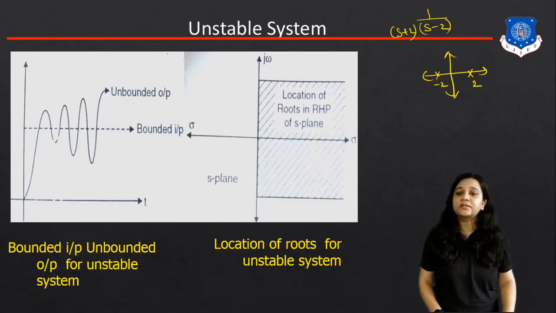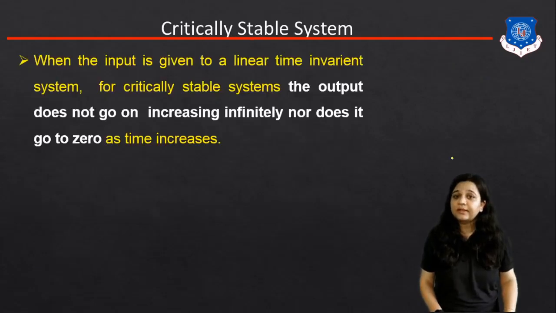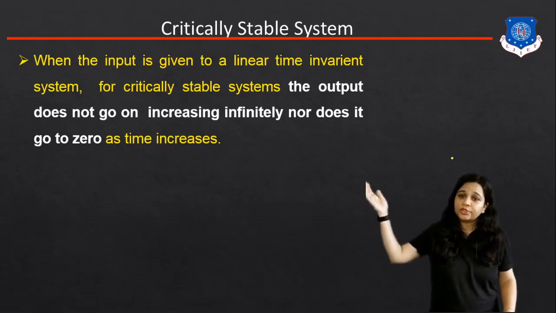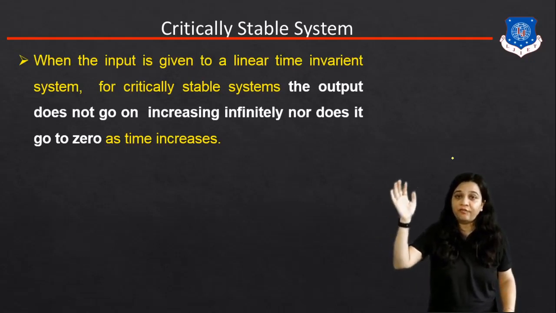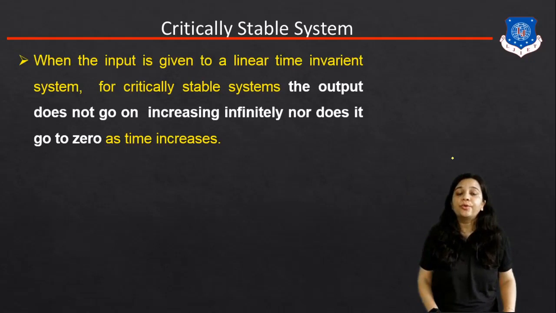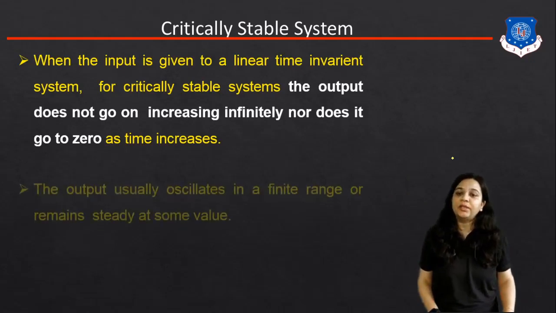Okay, now the next one is the critically stable system. When the input is given to a linear time invariant system, for the critically stable system, the output does not go increasing infinitely, and does not go to 0 as the time increases.